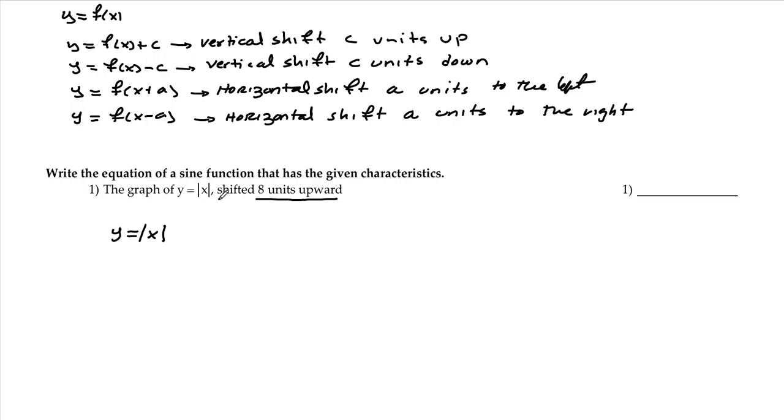To shift 8 units upward, we have to add the magnitude of the shift to your function. So we basically will add 8 to absolute value of x. So y equals absolute value of x plus 8 is the graph of y equals absolute value of x shifted 8 units upward.